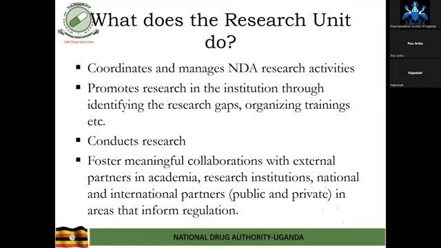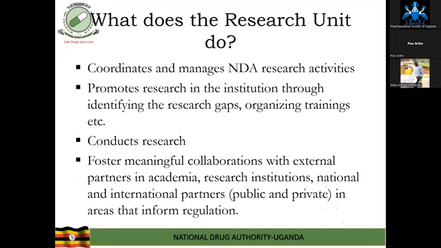So we have research activities that are managed through this unit, and there's collaboration with research institutions and academia, where we're able to conduct research together with academic institutions since they have many of the resources required. And sometimes some of the research is outsourced to academic institutions, and we review the data so that we can make regulatory decisions and know what exactly is going on out there.